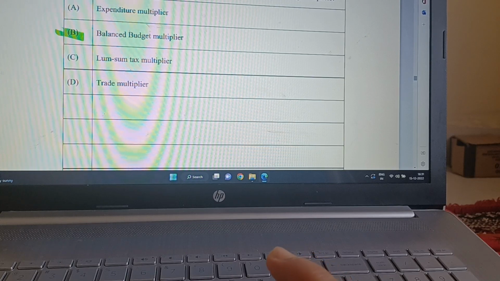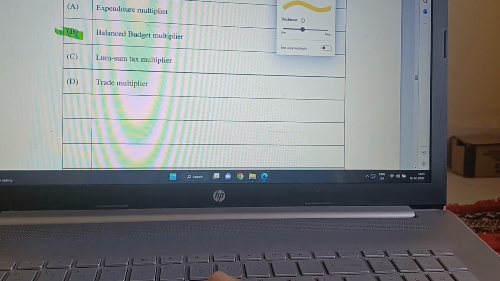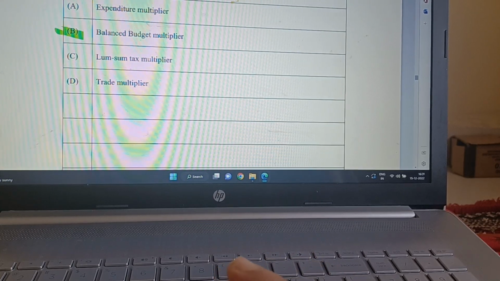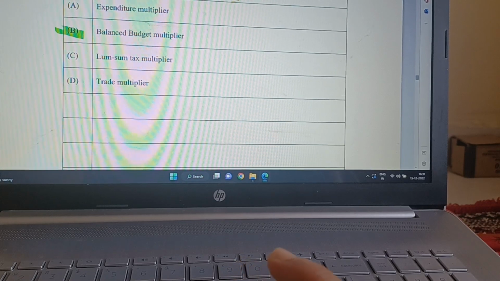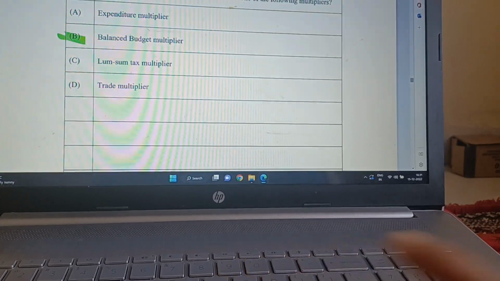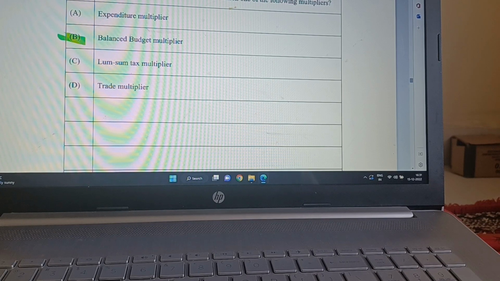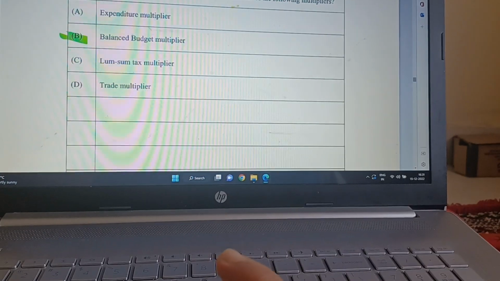Equal amount of change in government expenditure G and tax revenue. So whenever there is an equal increase in taxes and an equal increase in government expenditure, it becomes a balanced budget. Hence the answer is the balanced budget multiplier.